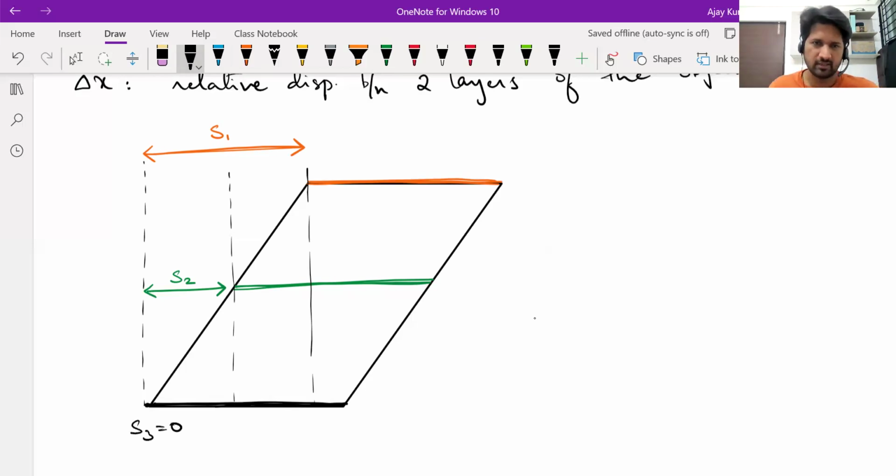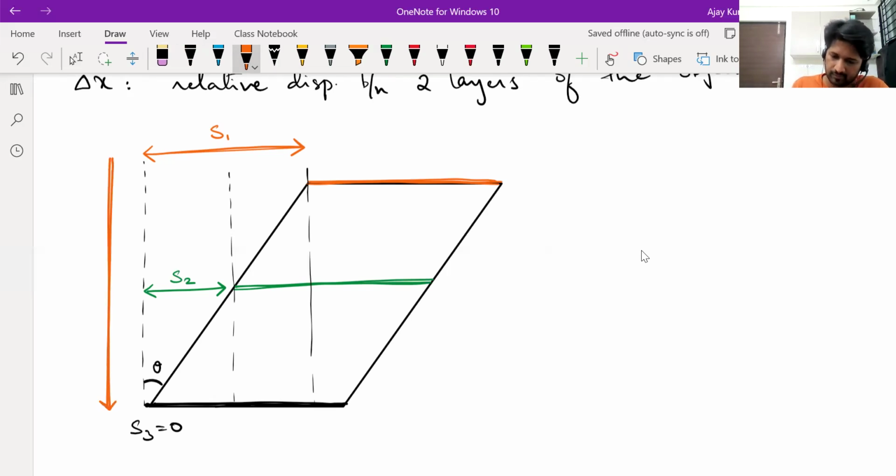It could be non-zero also, but in this case, it is 0. Now, when the object deforms like this, there is a certain angle made by this surface. Let's call it theta. And the distance from the bottommost layer to the topmost layer, let's call it y1.